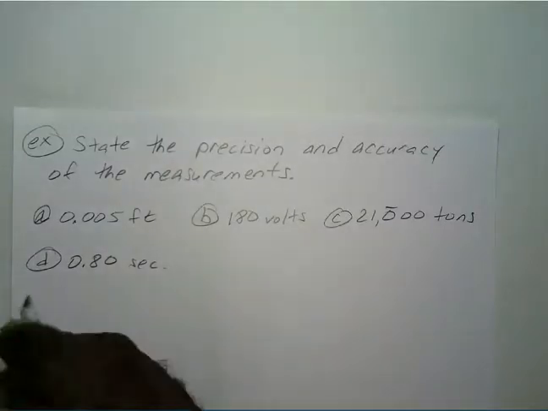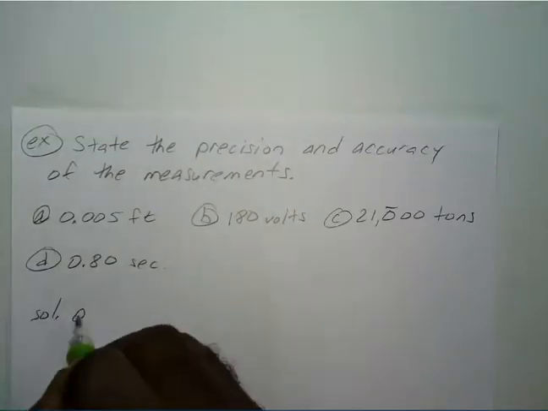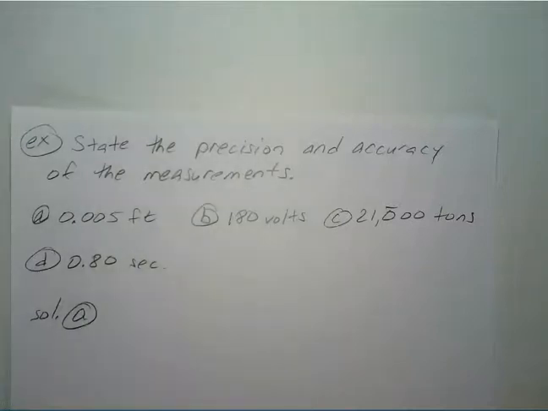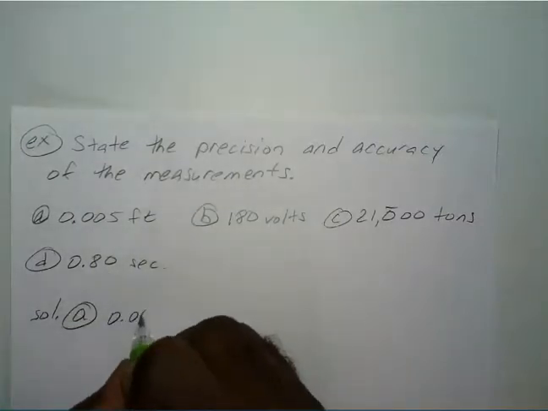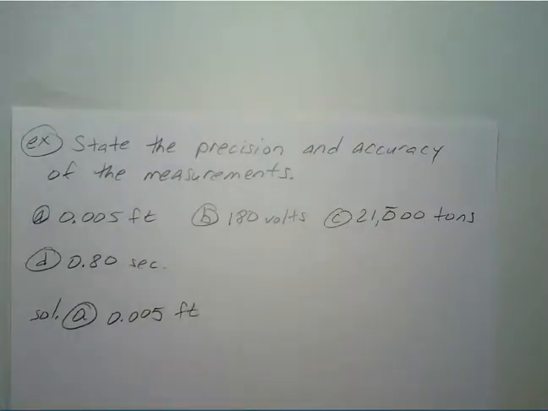All right, so let's go ahead and look at the first one. Let's look at A. You have 0.005 feet. Okay, so for our precision, we have to find the place value of the rightmost significant digit. None of those zeros are significant, but the 5 is significant, and it's the one furthest to the right.